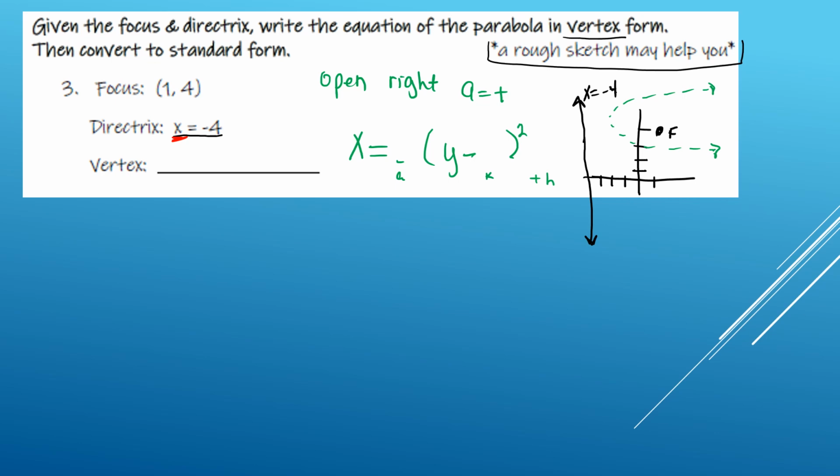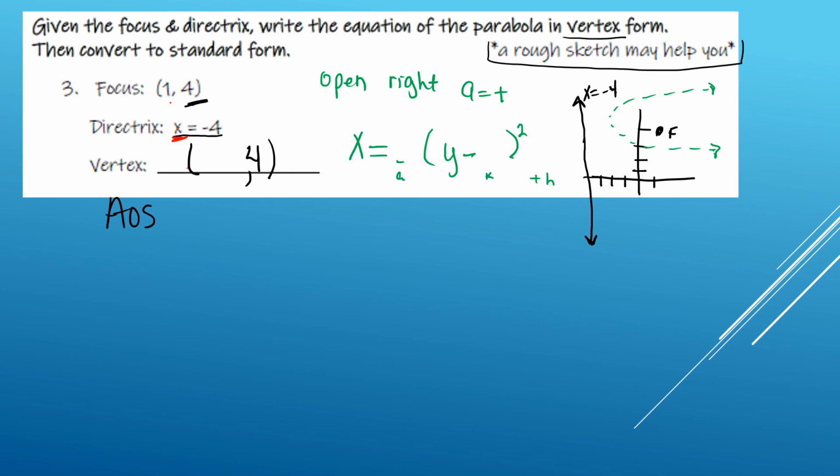Another thing that I know is that for the focus, the x value is what's going to change to get me my vertex. So my y value of the focus is going to remain 4. Another way you can prove that to yourself is, where's the axis of symmetry going to land? It doesn't ask us for it, but that's another visual thing that can help us.